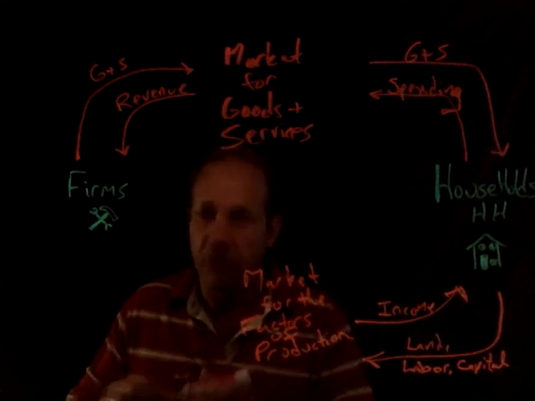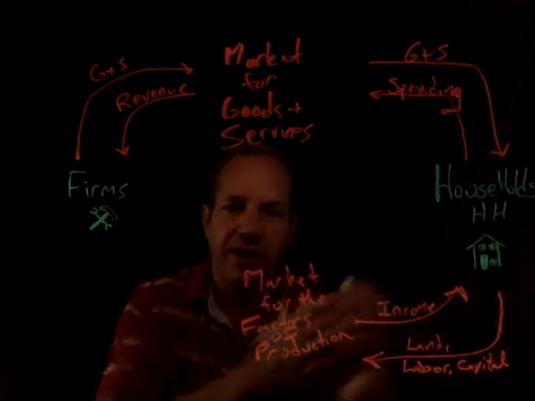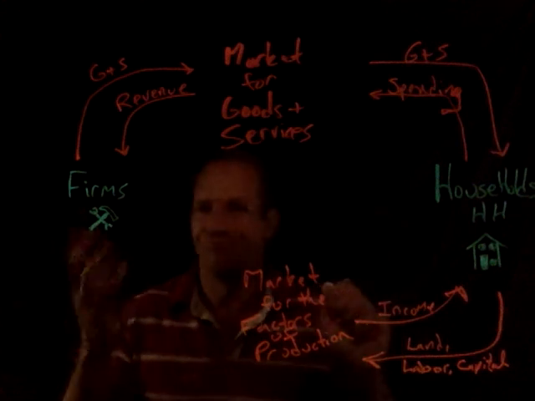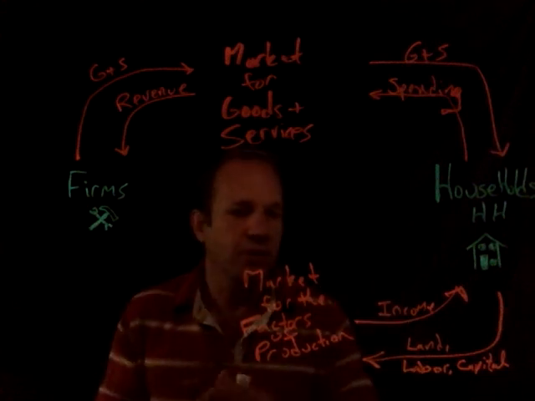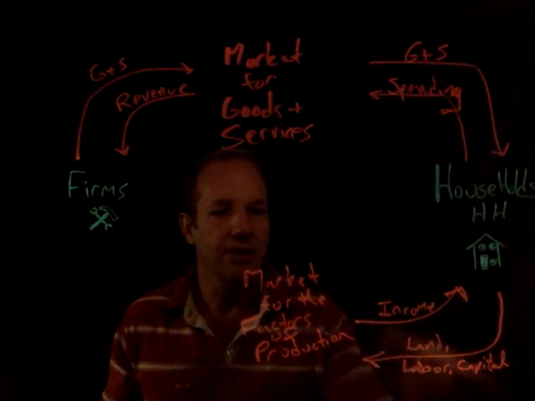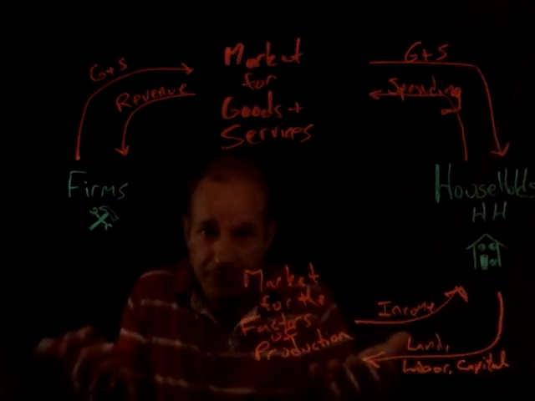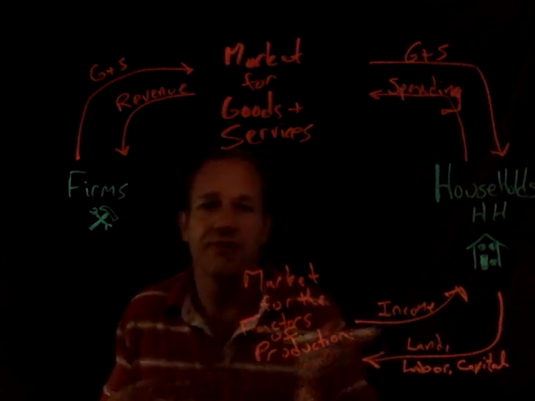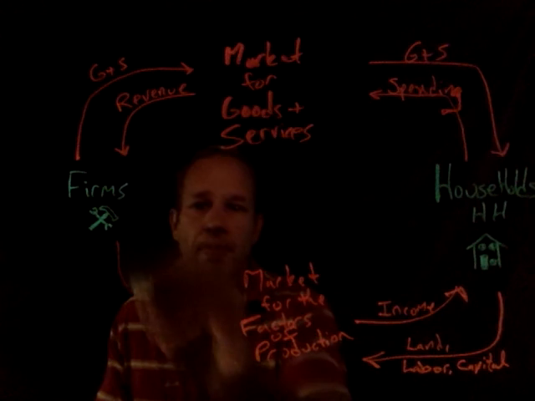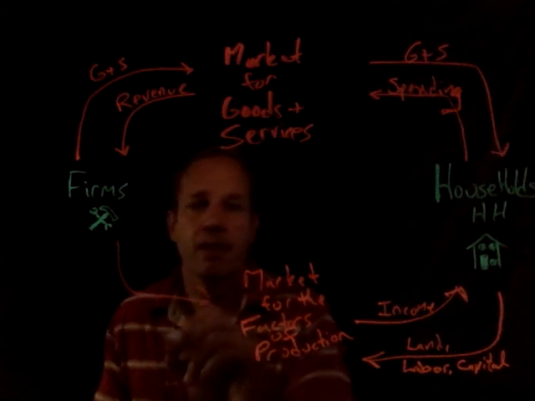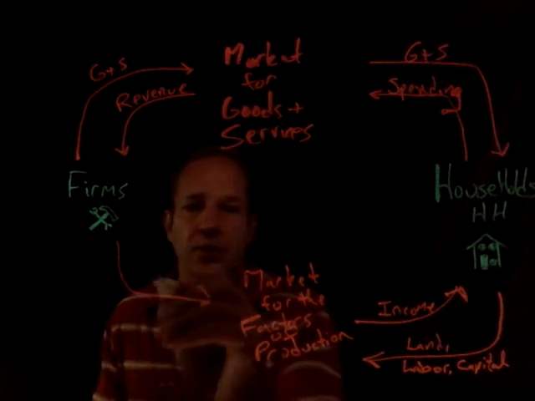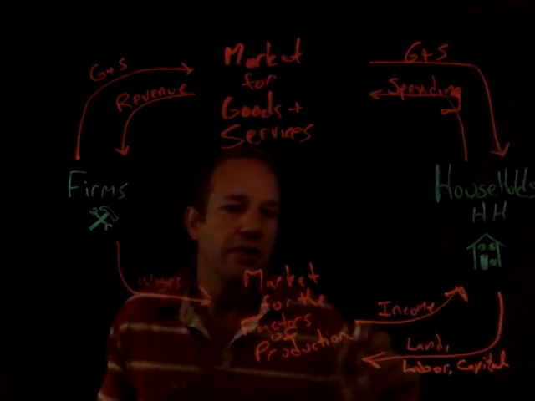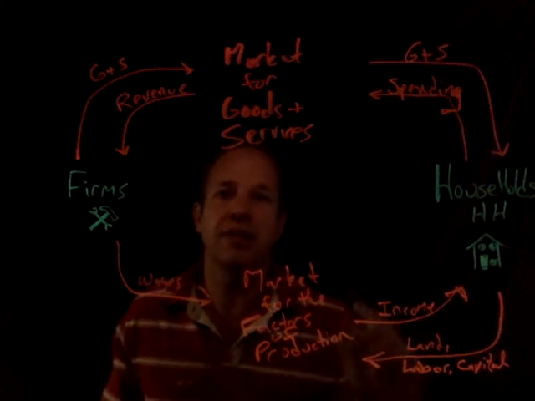Now, firms, when they buy this stuff from us, the households, they don't say, let's give them some income. No. From their point of view, they're paying for these inputs, these factors, and they have bills for these things that they have to pay. So the payment to labor has a specific name. That is wages. The payment to capital has a specific name too.